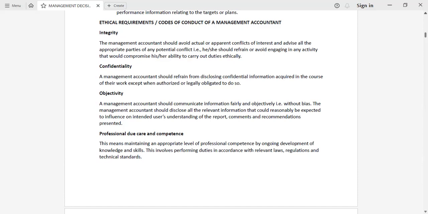In other words, the management accountant should disclose all the relevant information that could reasonably be expected to influence the intended user's understanding of the report.